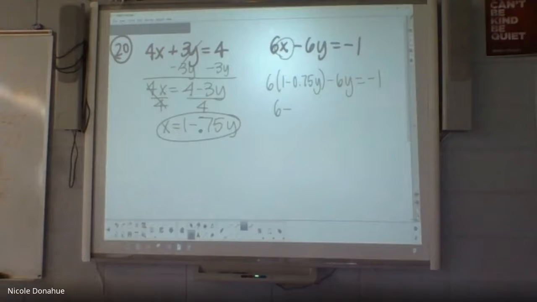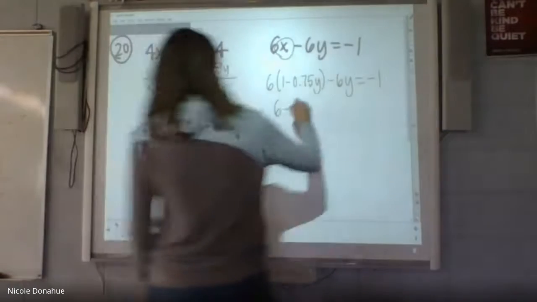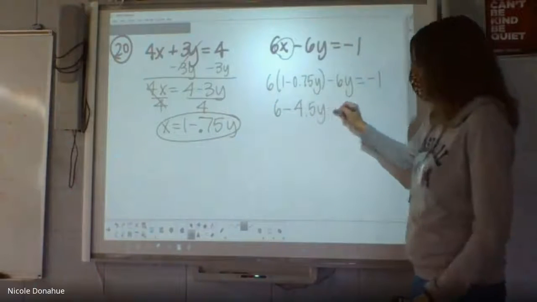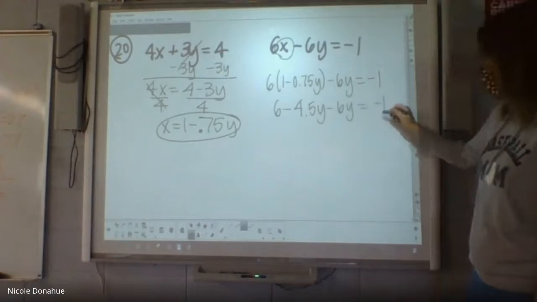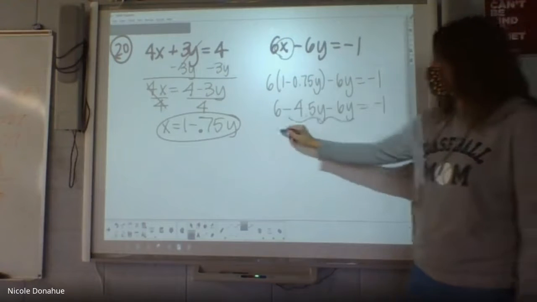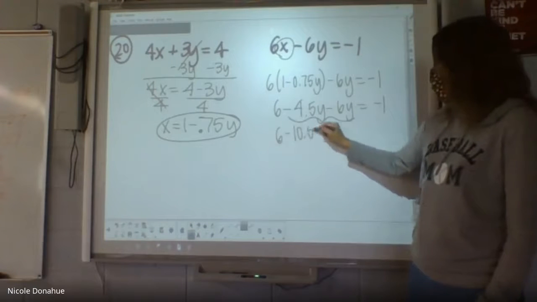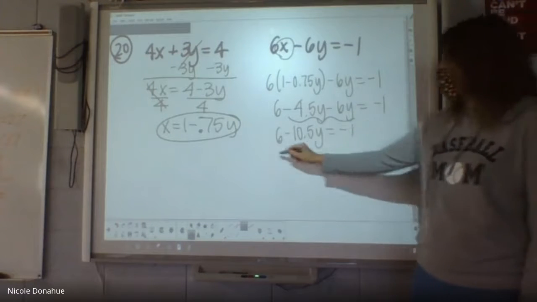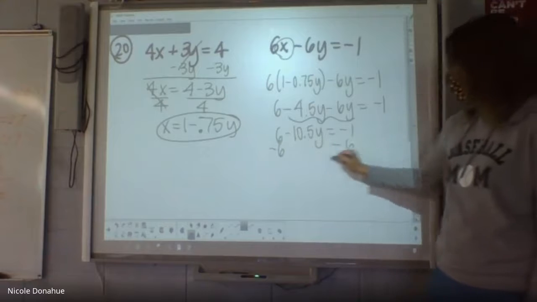Now, 0.75 times 6 is 4.5. So again, not ideal, but we have calculators for a reason. These two can go together. Move this 6 over.